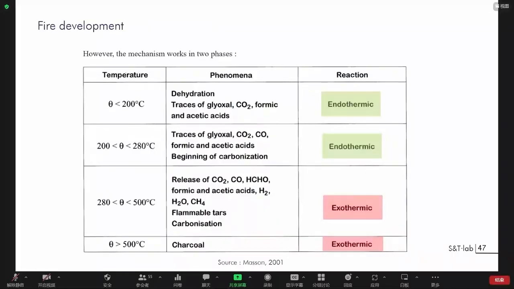Going into more detail, I mentioned that you need to provide some temperature or energy. So before we raise the temperature to 300, 400 degrees, you need to put in some energy. And so that's the reason why timber is not flaming alone. You need to put some energy to a certain temperature to get an exothermic reaction.